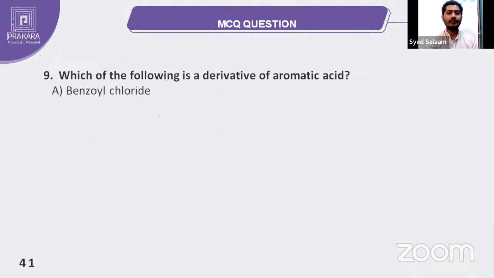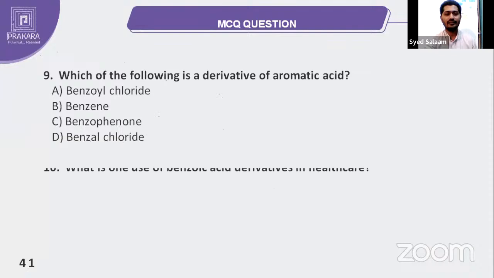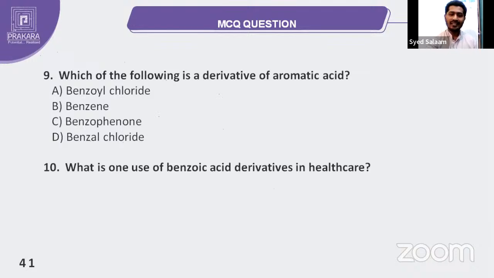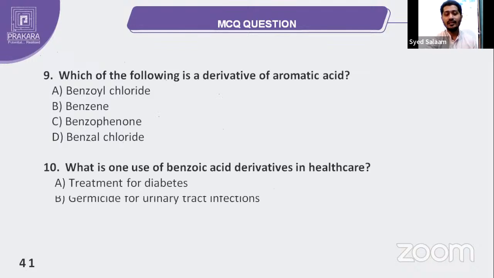Benzoyl chloride, benzene, benzophenone, or benzyl chloride. Okay, among those, what is the derivative of aromatic acid? What is the use of benzoic derivatives in healthcare? Just now we have discussed it, you might be doing well. Treatment of diabetes, germicide for urinary tract infections, pain relief, or anticoagulant.